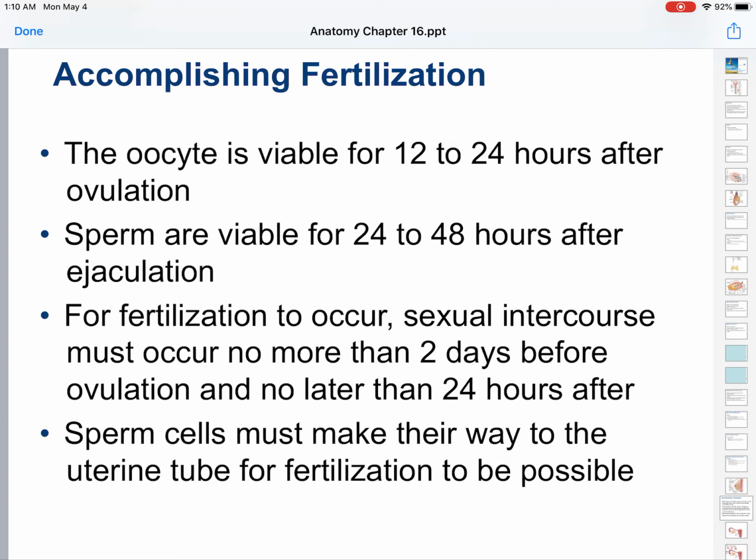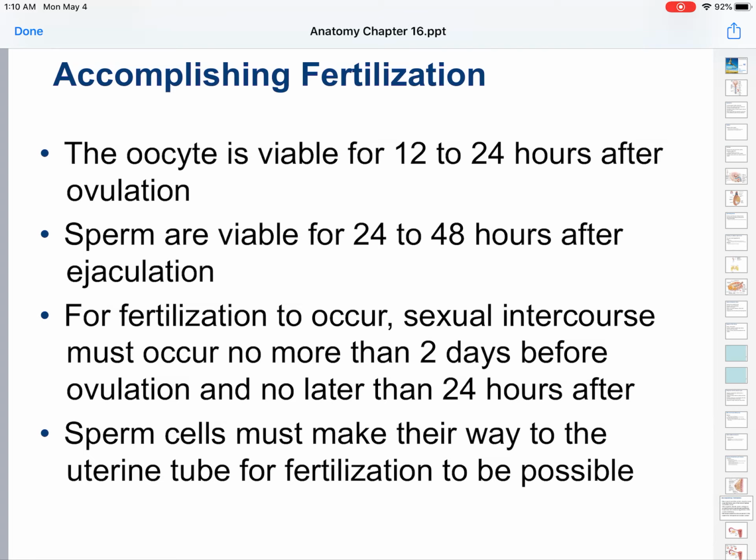But first, before we get to any of that, we have to combine the egg and the sperm. This is done through fertilization. Once ovulation happens, the oocyte is viable for 12 to 24 hours, and sperm are viable from 24 to 48 hours after ejaculation happens.